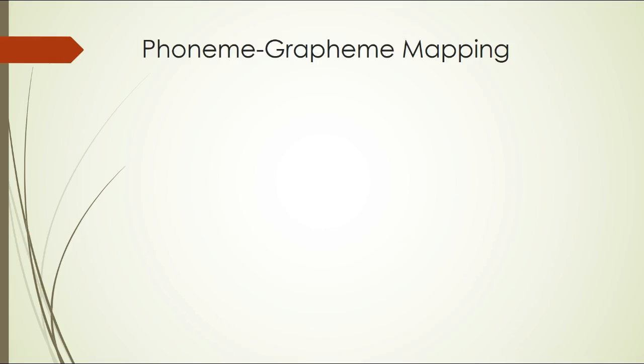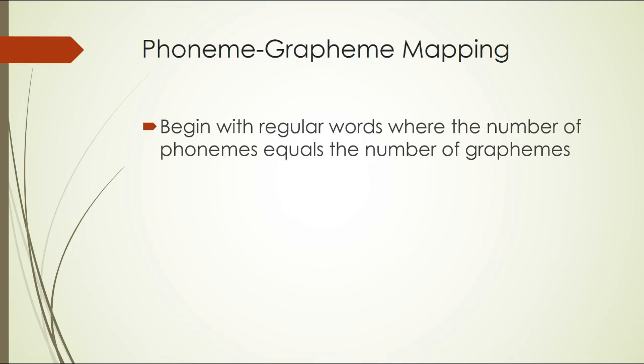So, when we think about phoneme-grapheme mapping, what should we look at? Well, we should begin with regular words where the number of phonemes equals the number of graphemes. That means we have the same number of letters as we have sounds. So if we take the word cat and we segment that, k, a, t, there are 3 letters and there are 3 sounds.